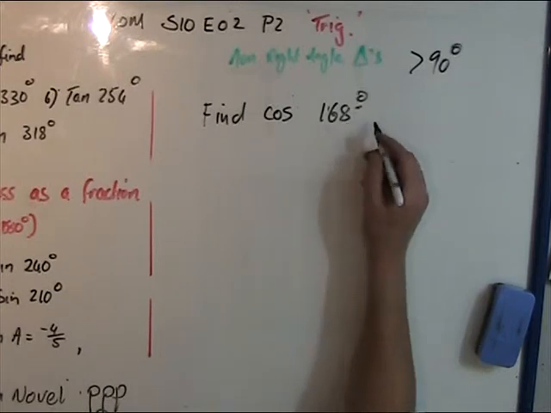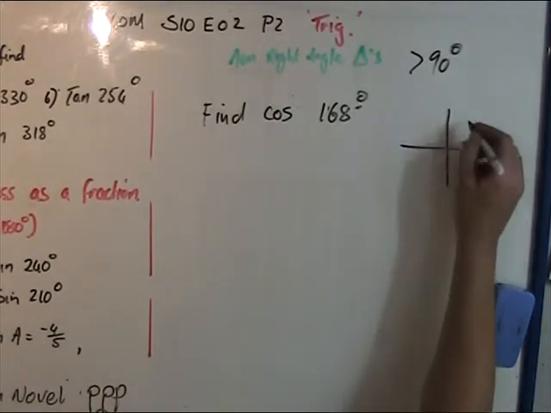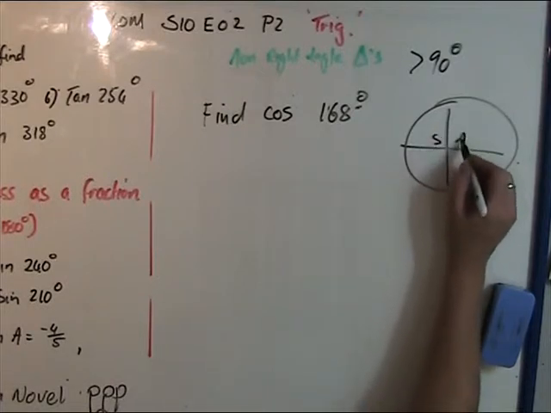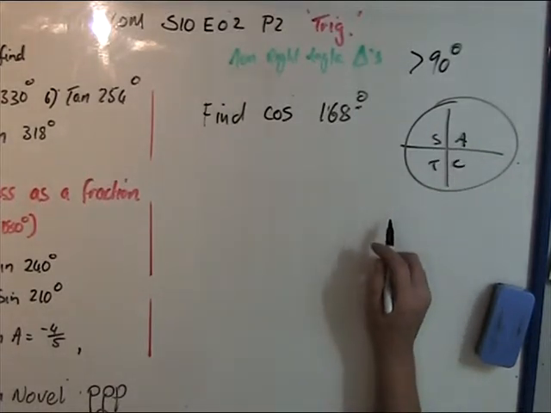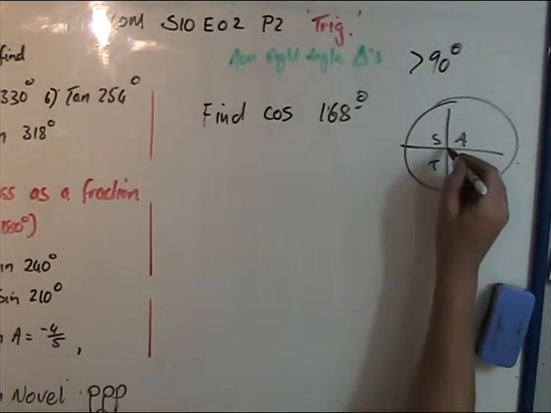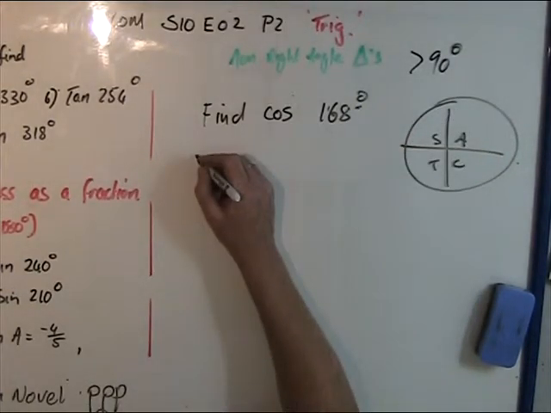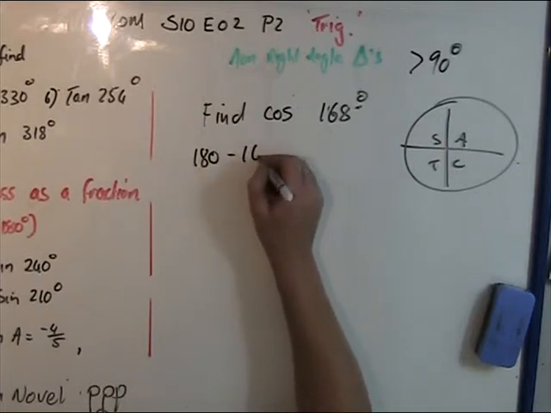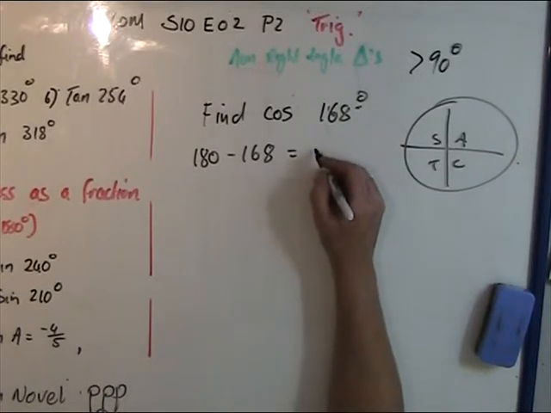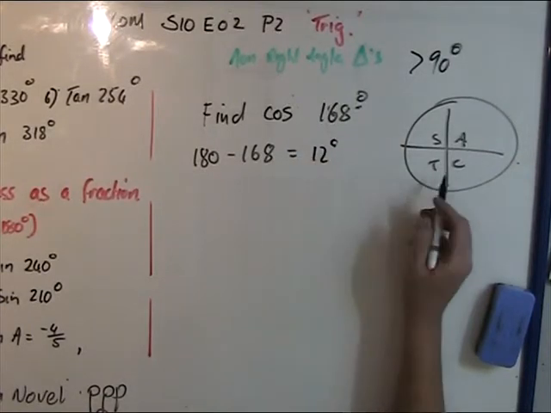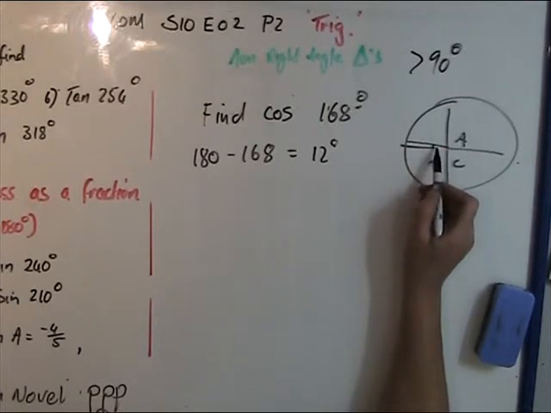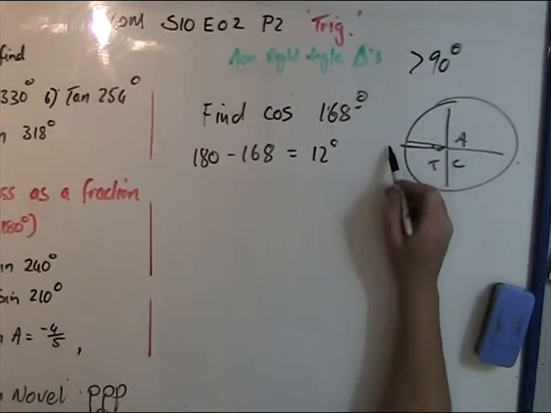That's in the second quadrant, so I draw my circle and put in my values, SATC, and it's the unit circle. 168 is in this part, because it's 168 minus 180, and I'll be able to find out how many degrees it makes. So I subtract one from the other, 12 degrees. So it makes an angle here of 12 degrees, a very short angle of 12 degrees with the x-axis.